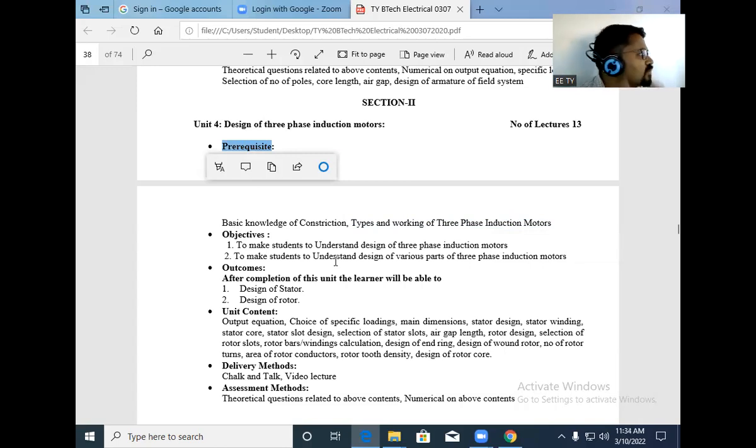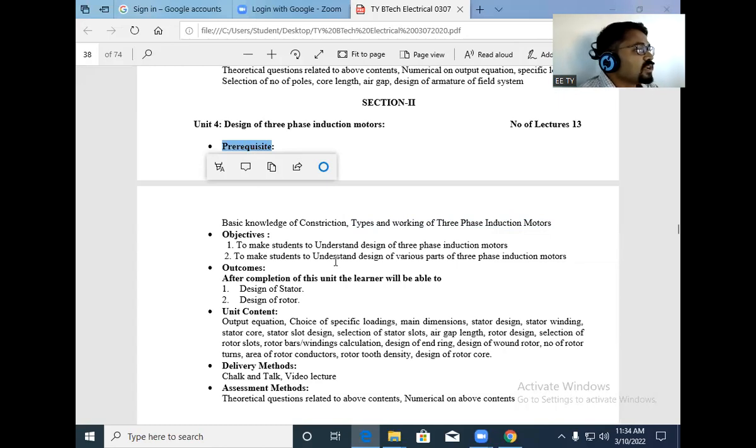नाहीतर if someone came in front of you and said write down next point design of wound rotor, at that time what will you understand? If you don't know, what is that wound rotor and all these things?